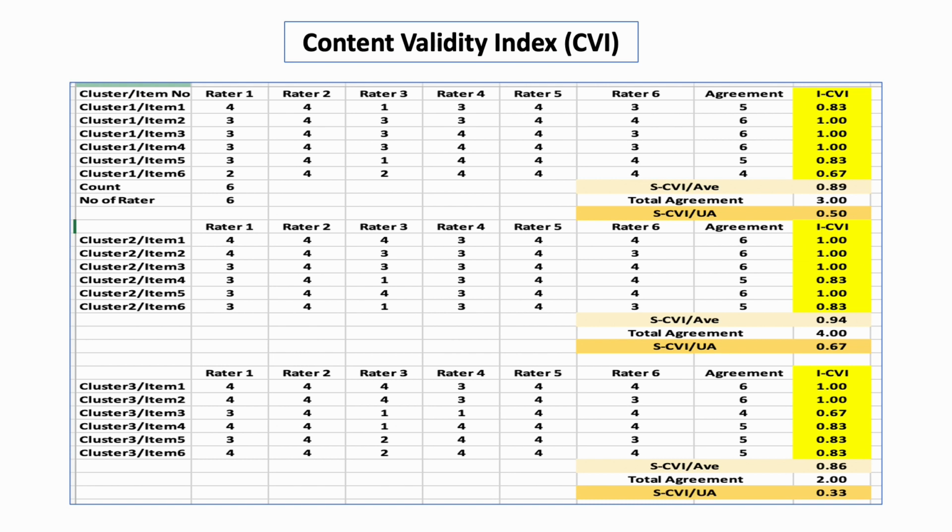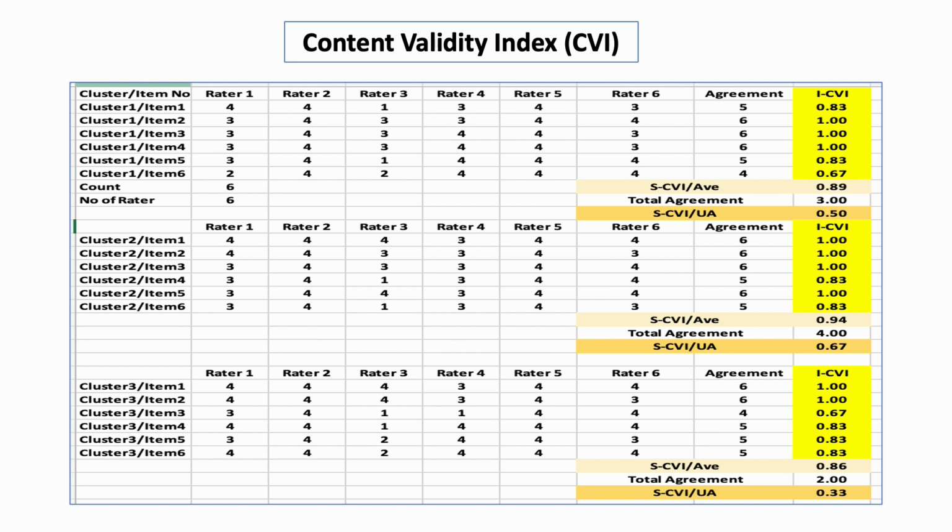If you look at the first item, 4, 4, 3, 4 and 3, so 5 are in agreement. In item 2, 6 are in agreement because all have rated either 3 or 4, and so it is with the other 2 items. And the last item, if you look, 4 have agreed to give 4, right?